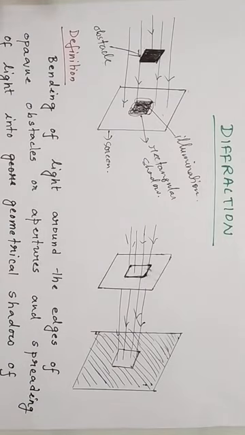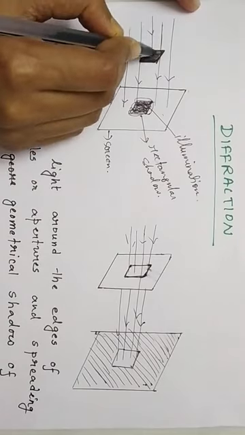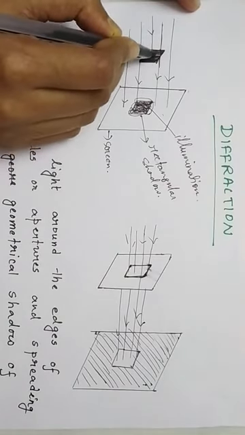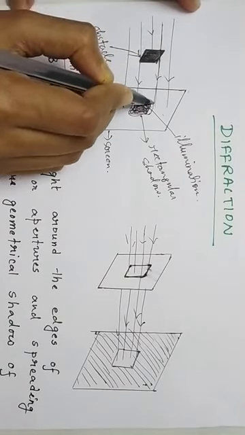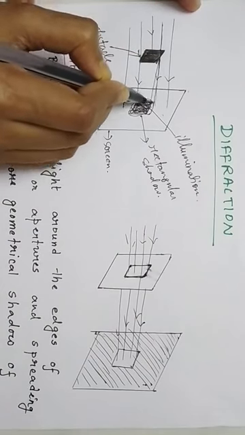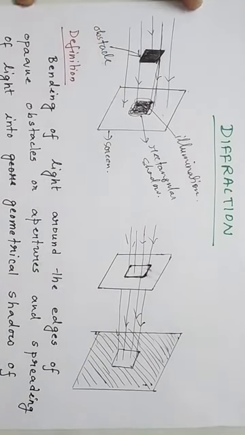So it appears that when the light ray passes around the edges of the obstacle, it bends and reaches the geometrical shadow of the obstacle.